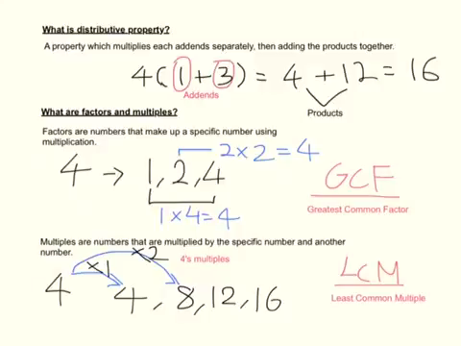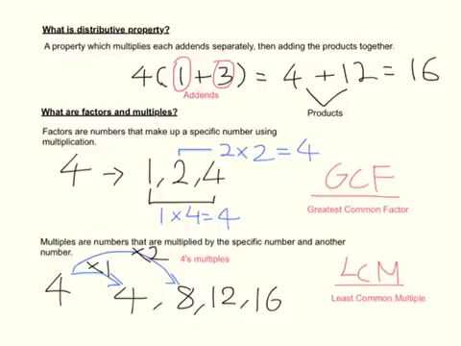Multiples are numbers that are multiplied by the specific number and another number. In this example, the specific number is 4. The specific number and another number, which is 1 or 2 or 3 or 4, are multiplied together to make up the multiple.